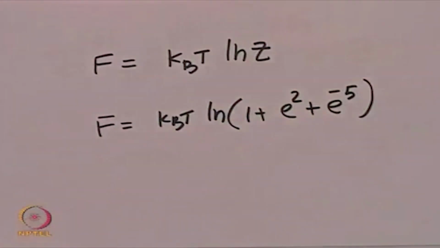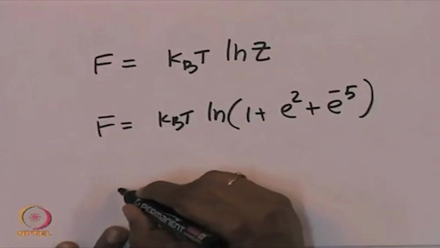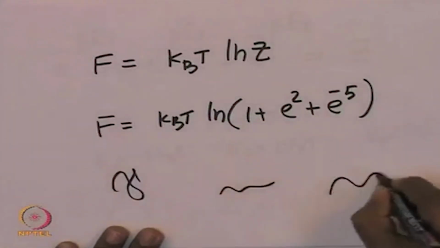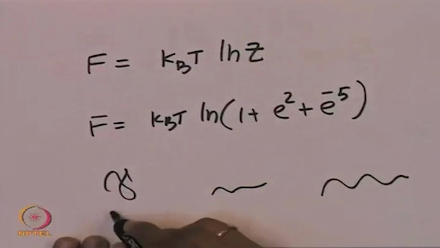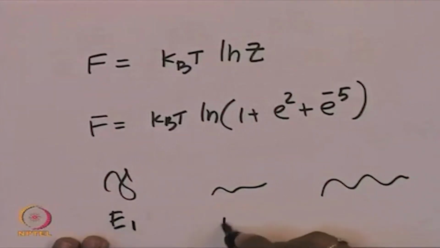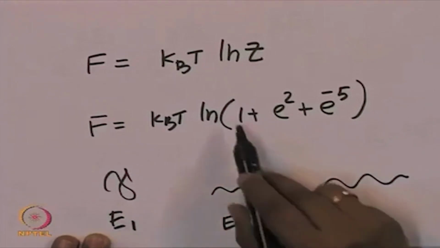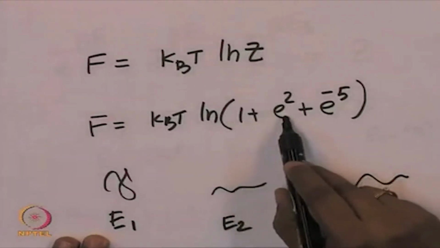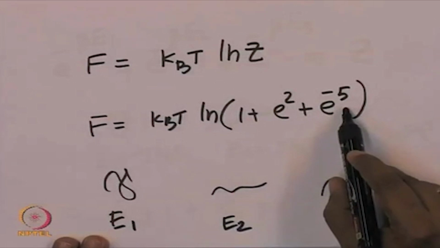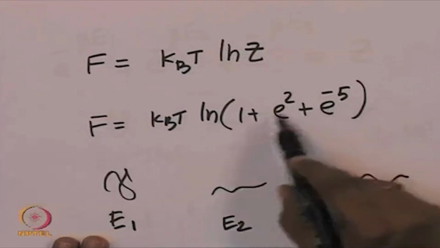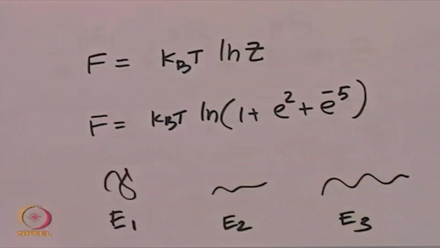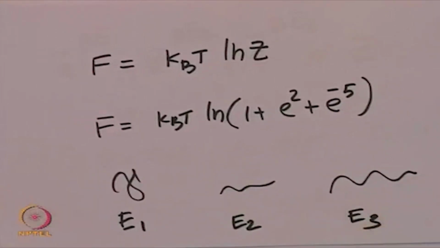This will be the free energy of that system of a protein having 3 states like this. We said that this is energy E1, this is energy E2, and this is energy E3, and the sum of e power minus beta E1 plus e power minus beta E2 plus e power minus beta E3 gave us this, and then you take a log and multiply with this. So, you get this.